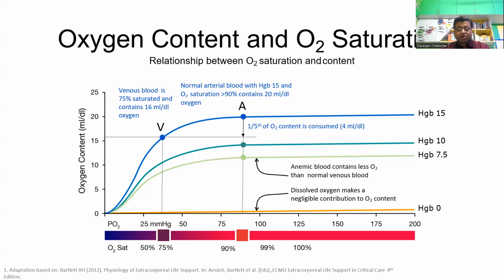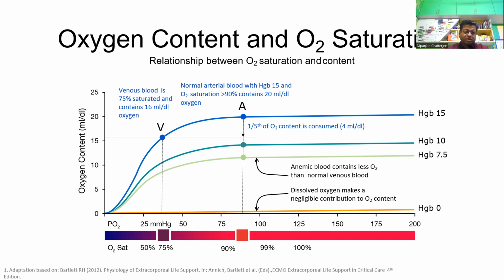If the hemoglobin is high, suppose it is 15, the oxygen content in the arterial blood is approximately 20 and the venous blood is approximately 16, though the venous blood is saturated only 70 to 75%.